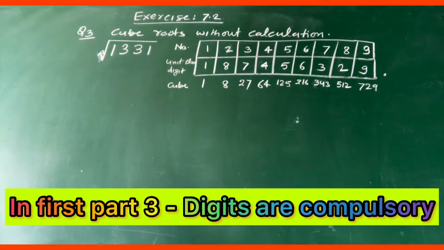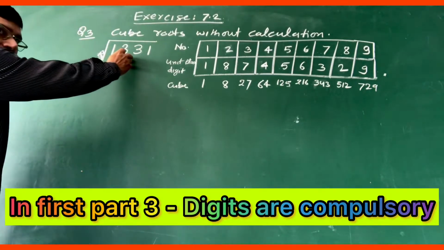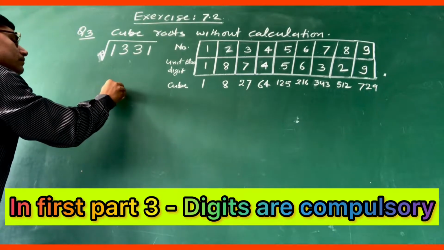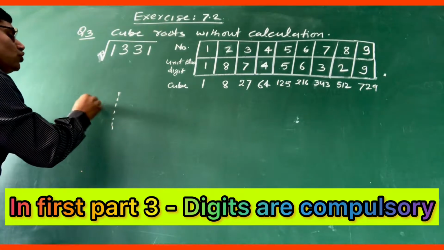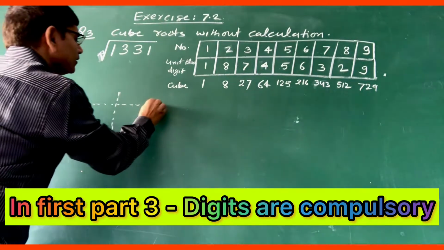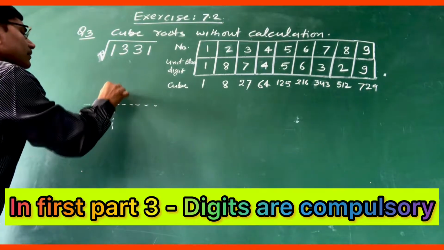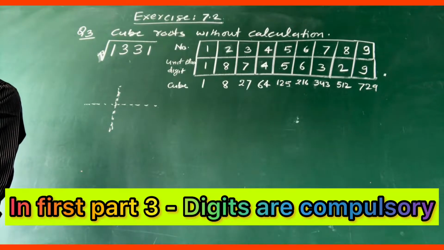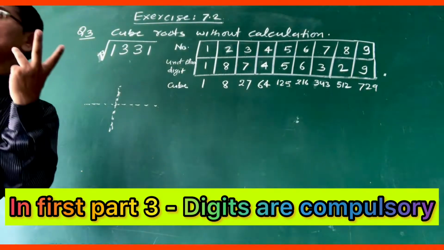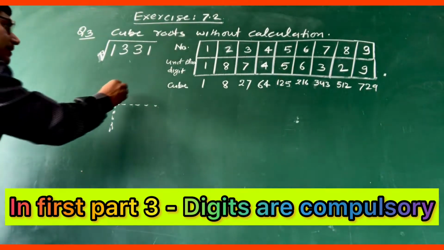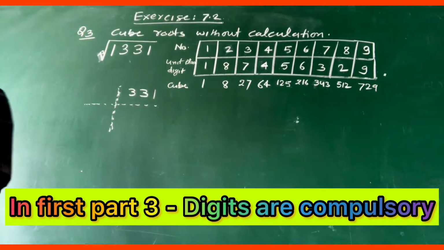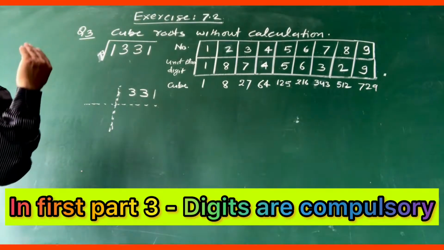What are the steps? You write this number in two parts. You divide the number in two parts. In the first part you write compulsorily 3 digits, that is 331, and the remaining digit you will write in the second part.